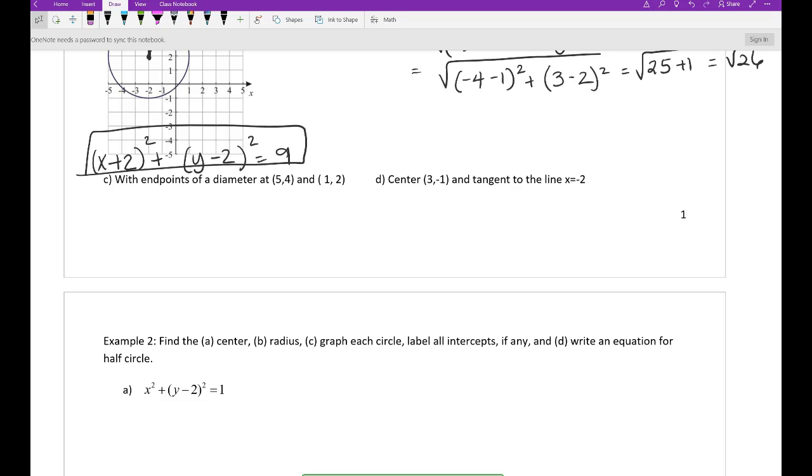So that's the diameter. So the diameter equals 5. The radius. Yeah. From there, you find the center, right? And the radius.